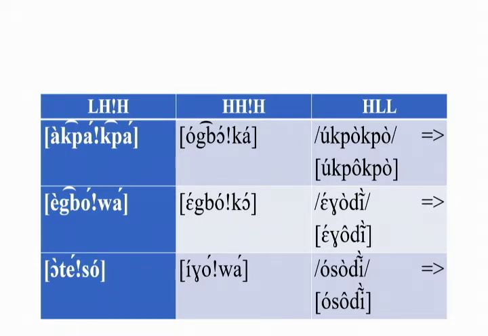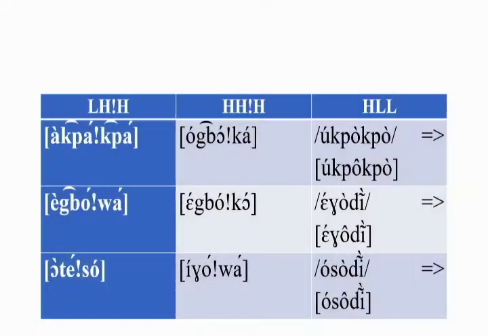Then we have the high, down step, high: Oboka, Egoko, Irowa.